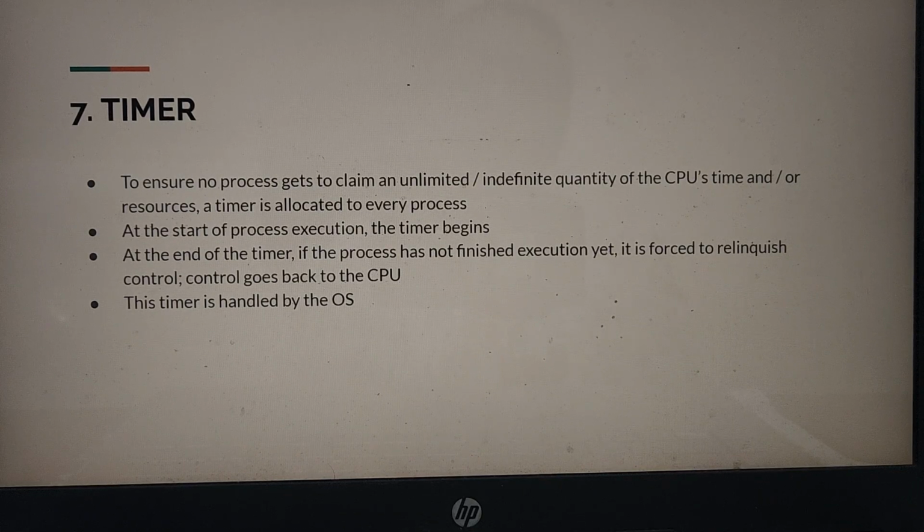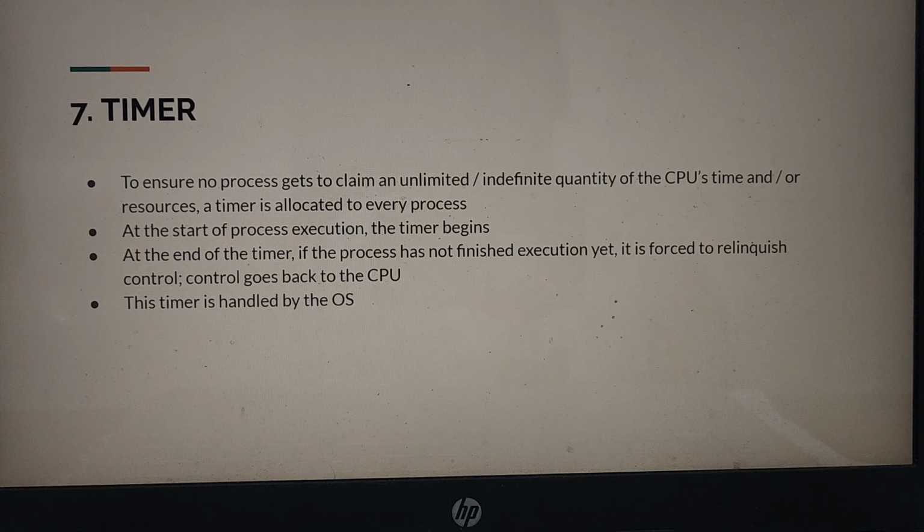To avoid that, you have to ensure that no process gets to claim an unlimited amount of the CPU's time or resources. Every process is allowed only a specific quantity of the CPU's resources or computational power, and only for a limited amount of time.